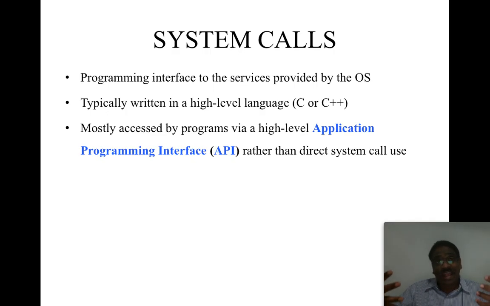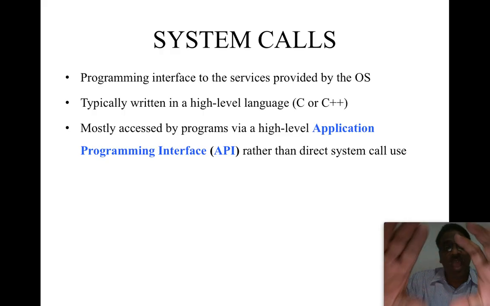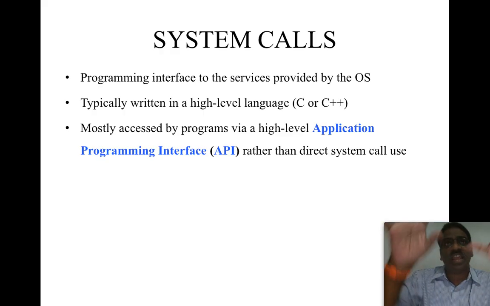But there is coordination between the operating system files and your software files. Your software files and operating system files combinedly create the services for the user defined program. Both are combinedly creating the interfaces. That type of interface is called the application programming interface.